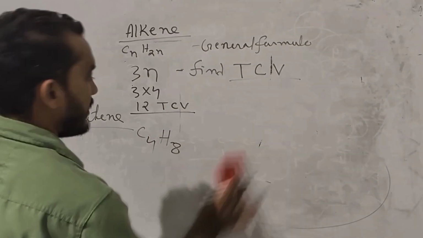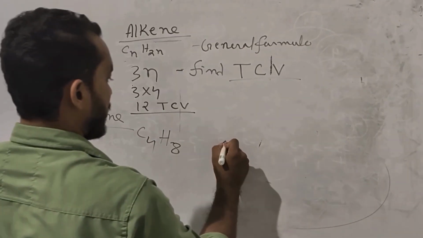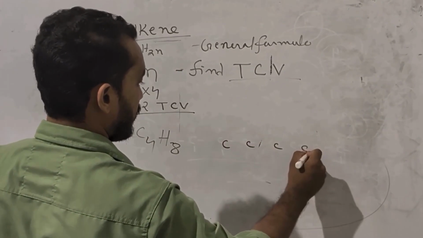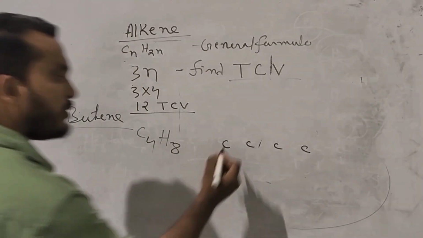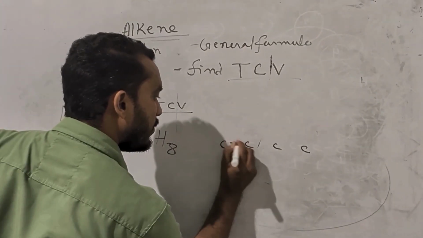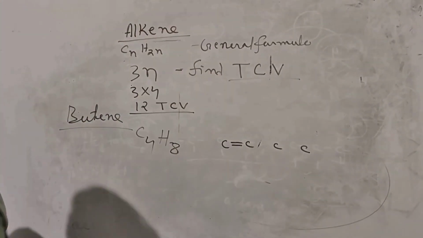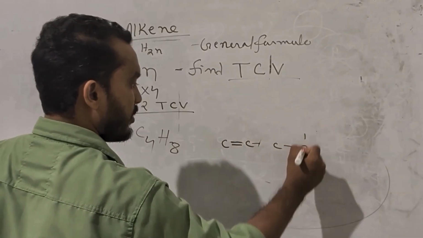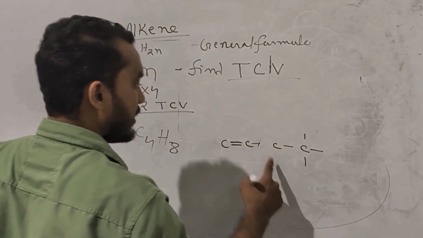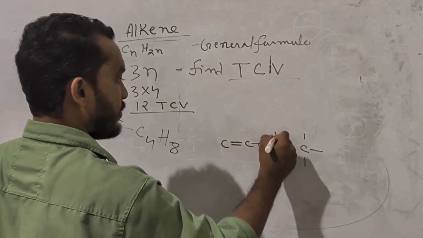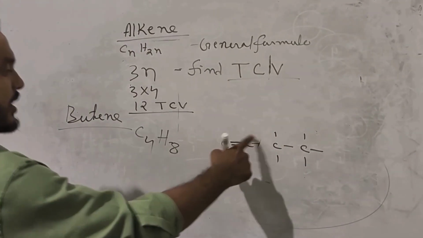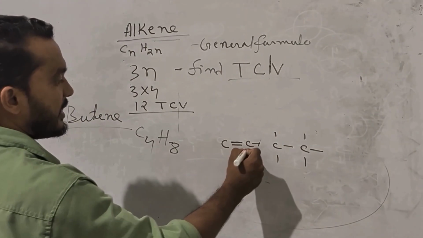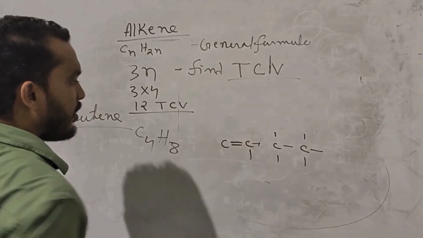Okay, let me check. 4 carbons are there: 1 2 3 4. At least in one place I can put a double bond, because now we are talking about alkene. Here I need to place single bonds. Here one bond I can make, here one, here already 2 bonds are there, here one, then here one. Surrounding this carbon already 3 bonds are there, hardly I can place one bond.